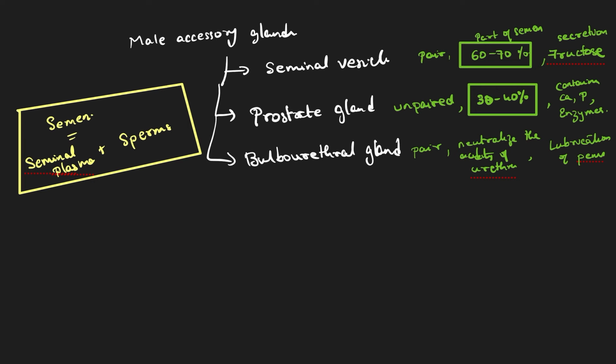The entire fluid that comes out of the male penis and enters the female body is known as semen. It contains sperms, which are just a part of that. So don't think that the sperms come out. The liquid that comes out is semen. It contains seminal plasma, the liquid part, and sperms inside it.